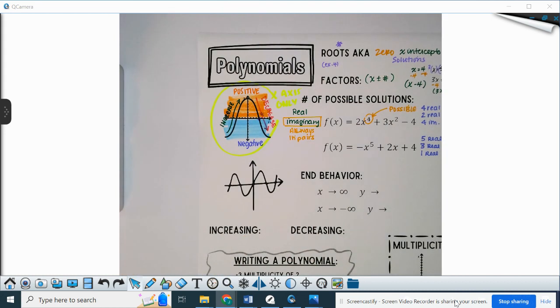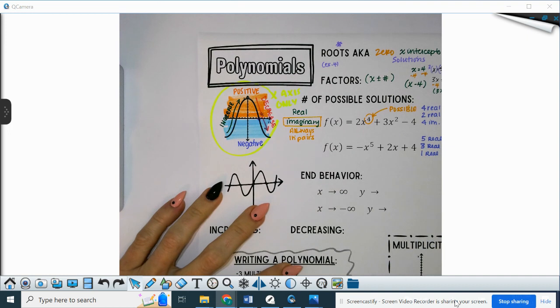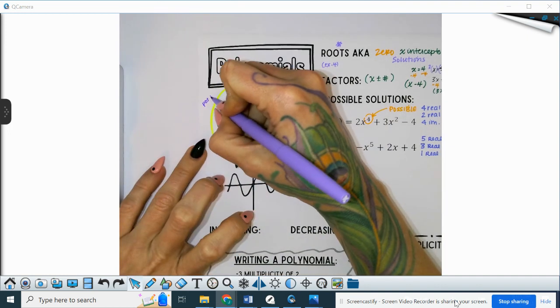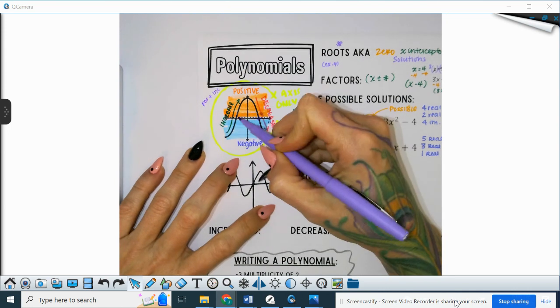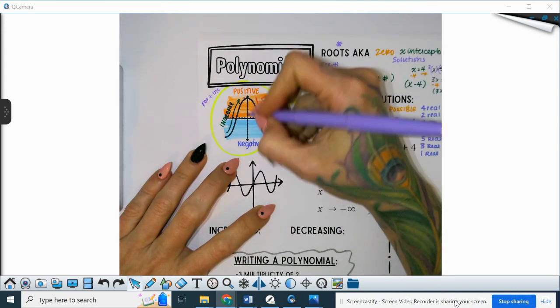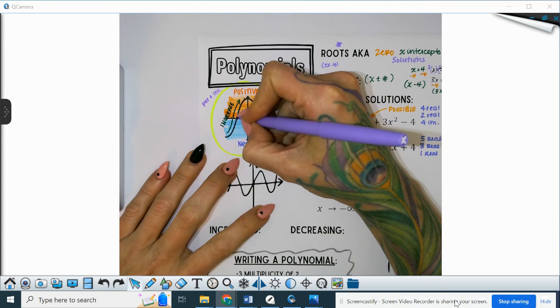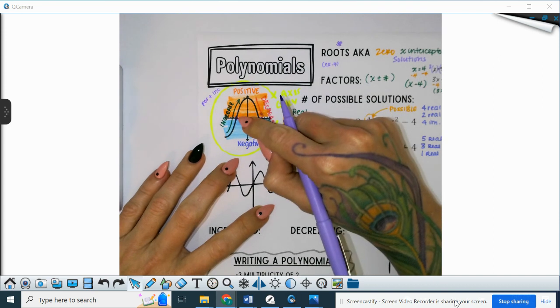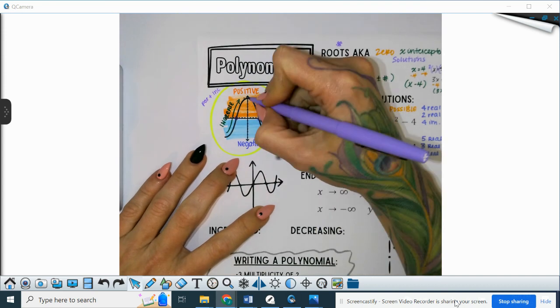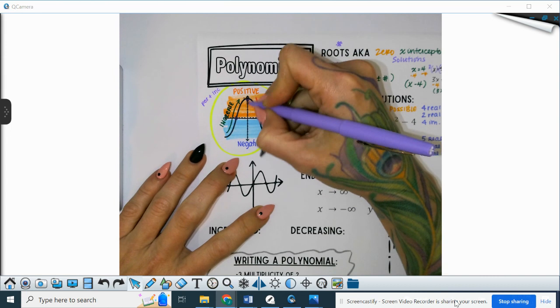So with that said, if I wanted to know where it was positive and increasing, that means I want it to be going up and I want it to be in the orange. So that's 1, 2, 3. So this is -4. That's where it starts in the orange as it's going up. Then it gets to 0 here and then it starts to go down.